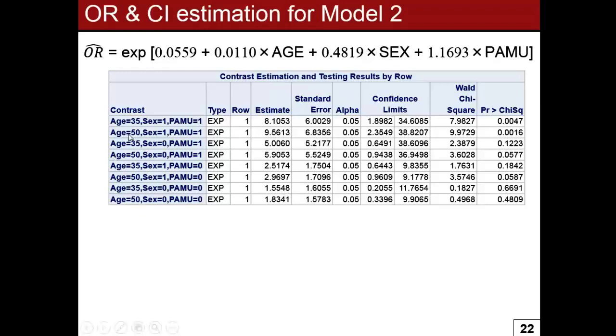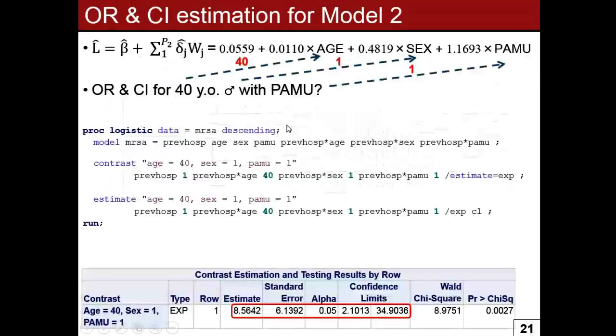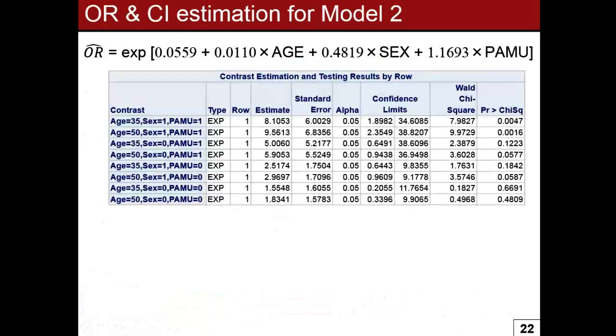If I'm different ages, different biological sexes, or whatever. So here, you can just literally put in SAS, below each other, a whole bunch of contrast or estimate statements, and it will just kind of stack them into a nice table for you. And this gives you all of your odds ratios, right?